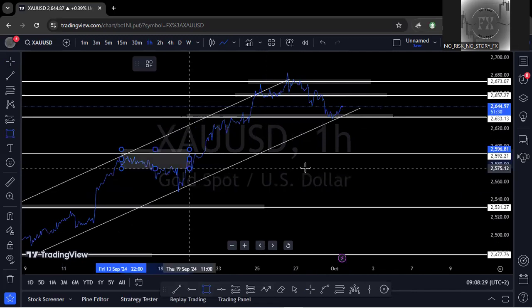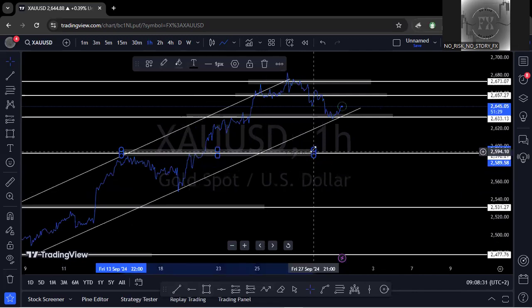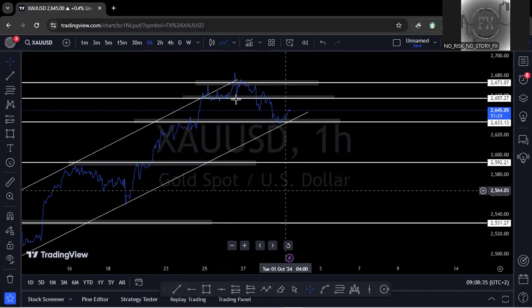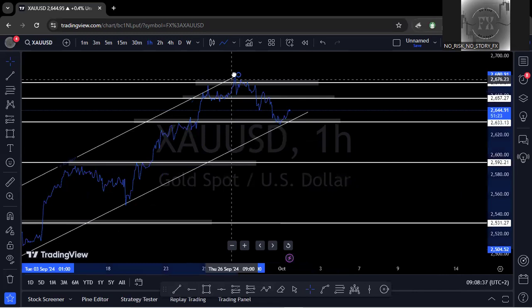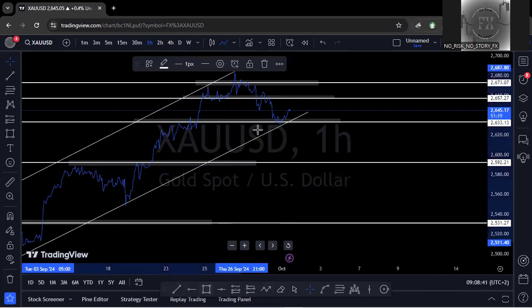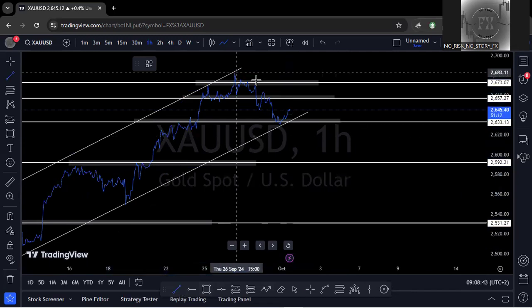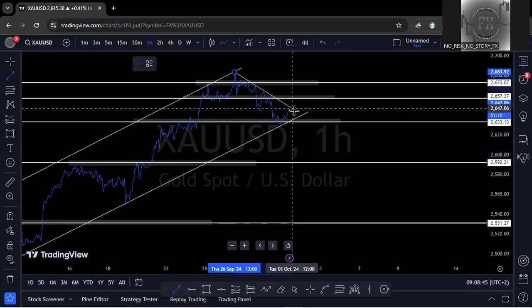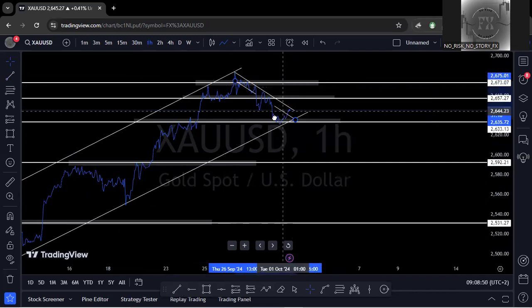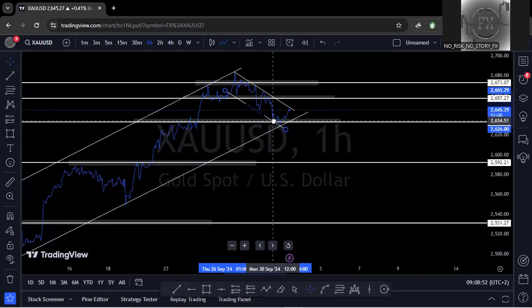Okay, I would like to highlight this here. Just adjust this to somewhere around here. And I'd like to mark out this trend because I can see that you have this bearish trend here on a 1 hour time frame.